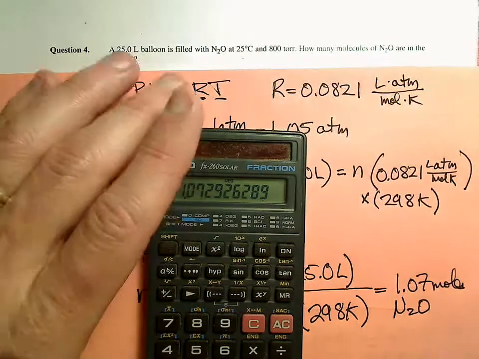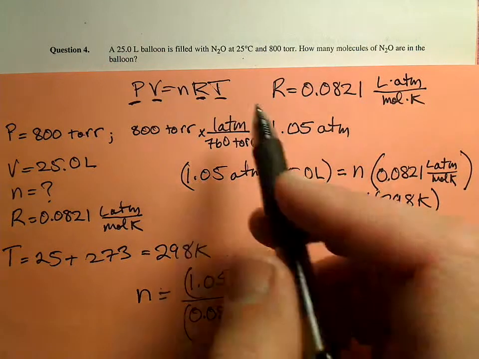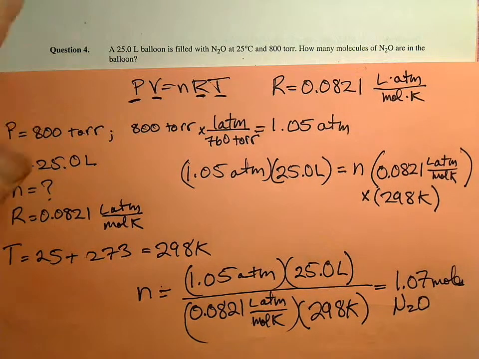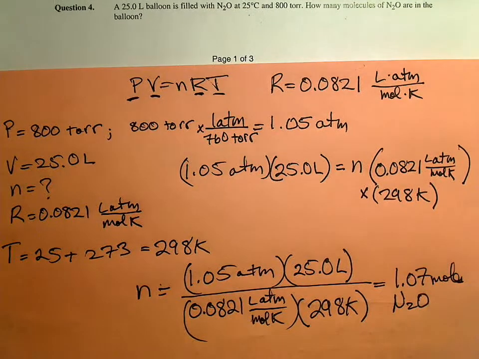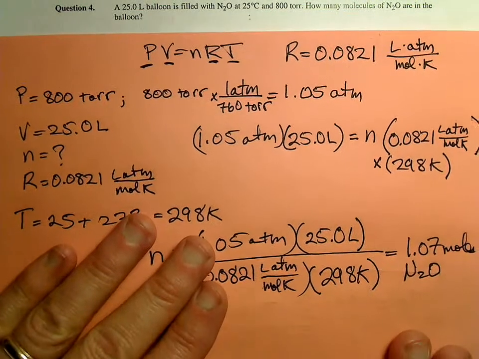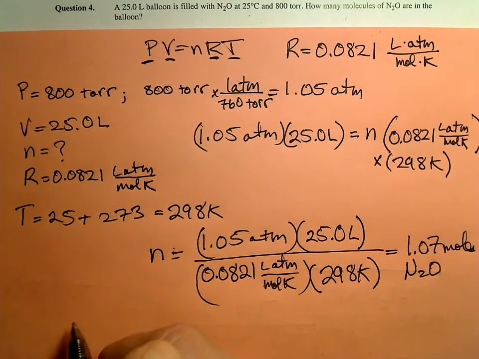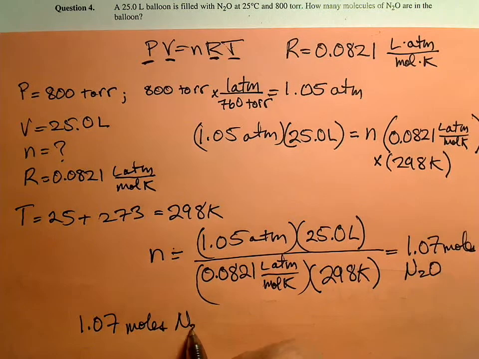N2O. But, is it asking for moles? No, it's not asking for moles. It's asking for molecules. Well, we can do that conversion. Let's move this up a little bit, give ourselves a little bit more room. Well, we can say, okay, we have 1.07 moles of N2O.